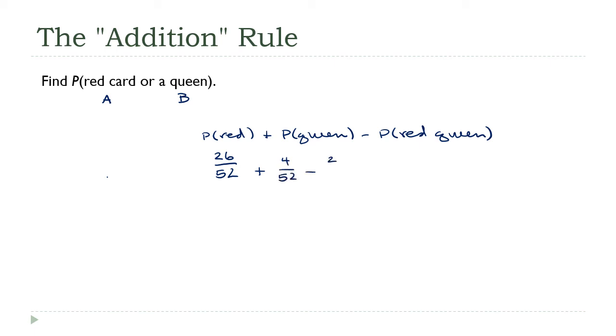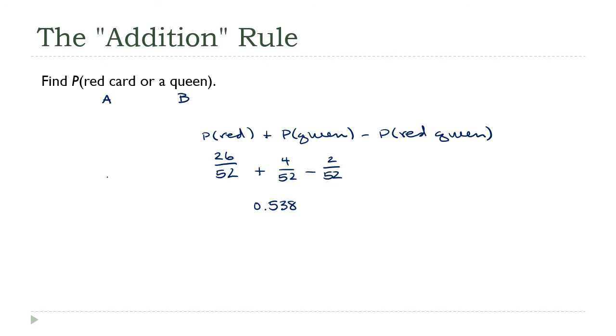And there are 2 red queens, right? So I'm going to subtract out that intersection, the and part. So this is going to be, what, 28 divided by 52 altogether, which is 0.538.